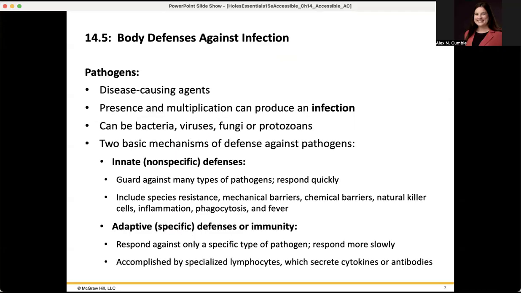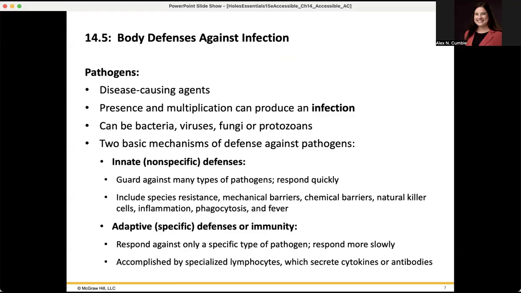So what we've really been talking about that are producing antigens, okay, that the body can recognize are pathogens. And pathogens is a very generalized term for disease-causing agents. This can include bacteria, viruses, fungi, or protozoa. There are two types of defenses that your body is going to have when a pathogen enters your system and causes infection. First, what's going to happen is what we call our innate defenses. These are considered non-specific.